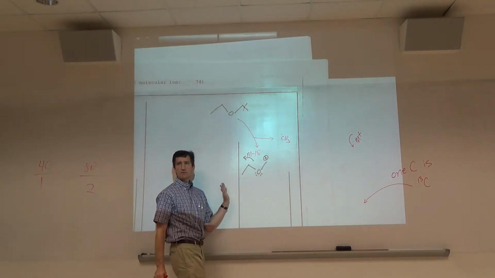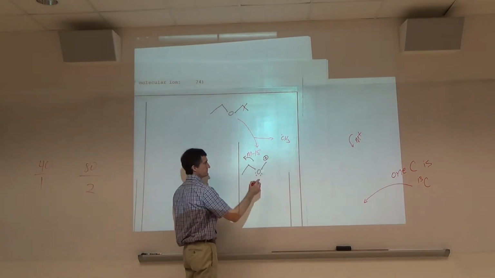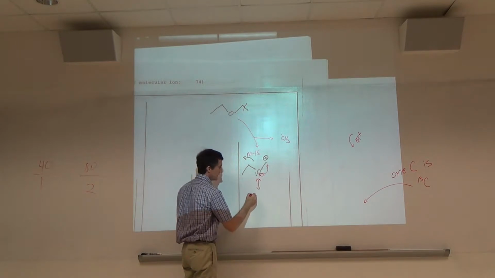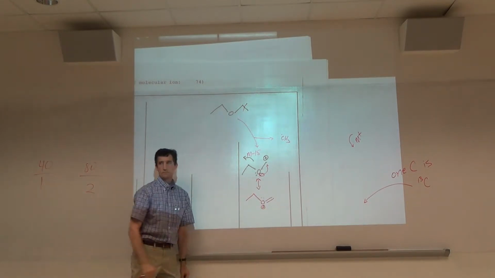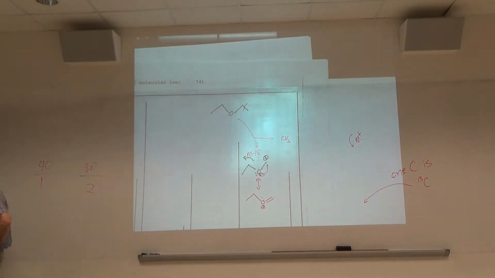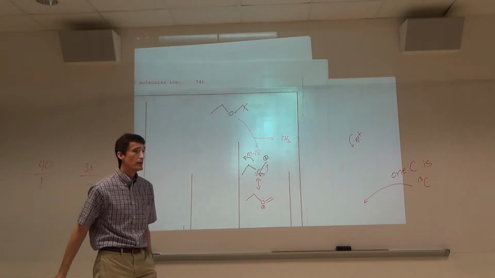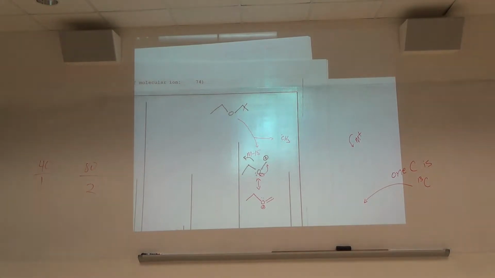Now we really didn't have an alternative, but why is this a good cation? Because it's resonance stabilized. And that's what we would predict. We're always going to predict our resonance stabilized cations. Where are the resonance stabilized cations going to occur?